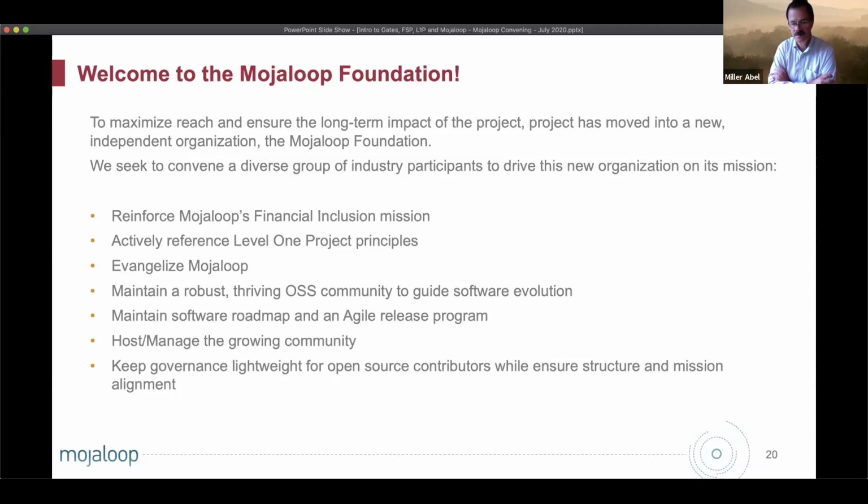Its governing board is seated now with six, and two are coming, sponsor members. Those sponsor members are there to ensure that the Mojaloop Foundation has a budget, staff, resources, including Amazon Web Services and others, to ensure that the community can thrive as it guides the software evolution.